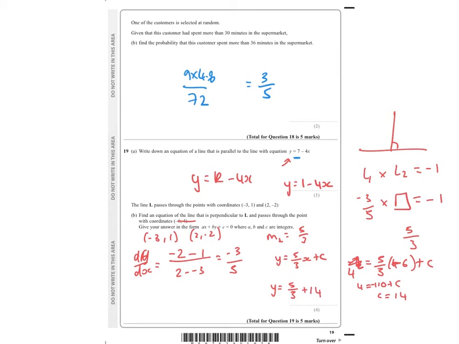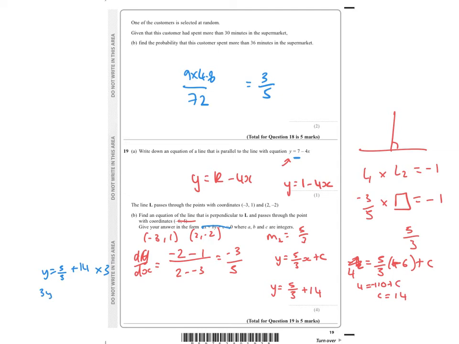Okay. Now, this is not the answer because it very clearly states in the question, put it in this form. So I'm going to multiply everything by 3.